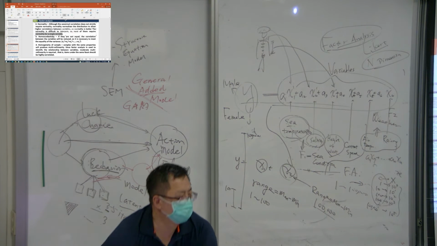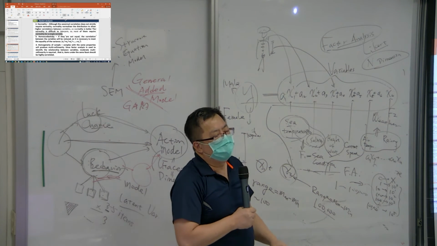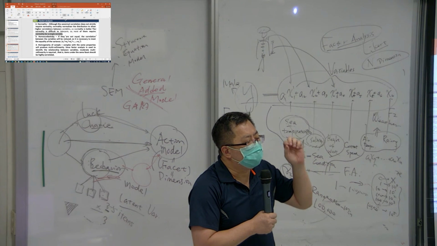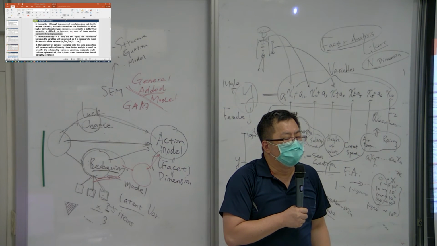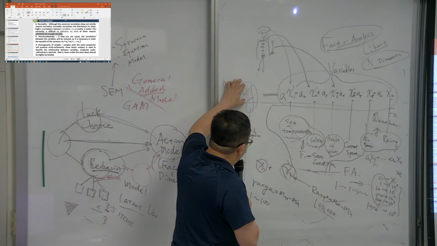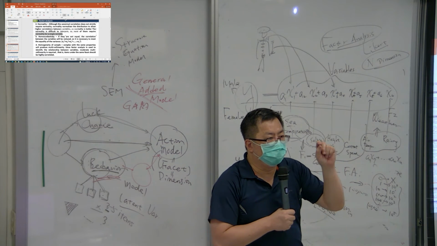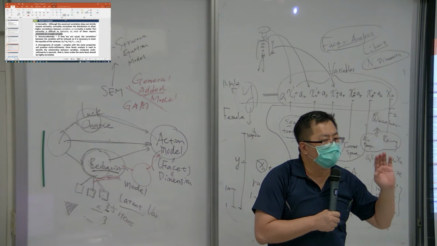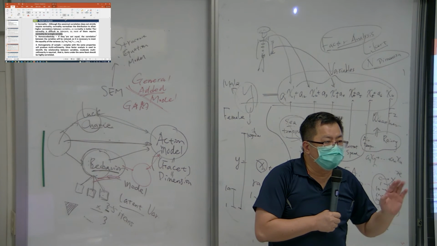Actually, for linear regression, the data should come from a normal distribution. But for logistic regression, the data may not come from a normal distribution, okay?